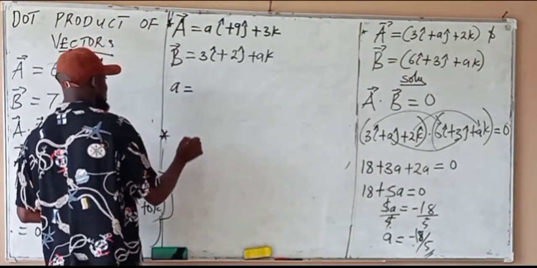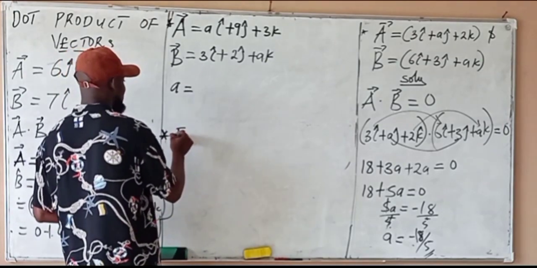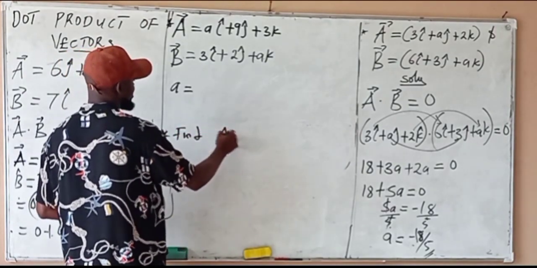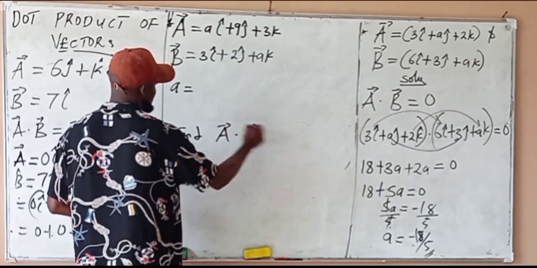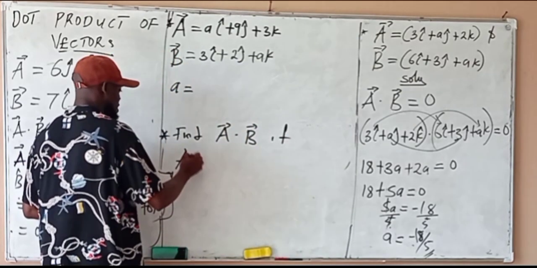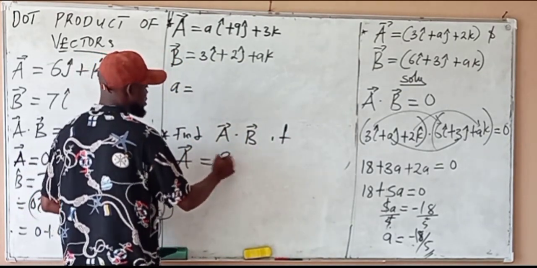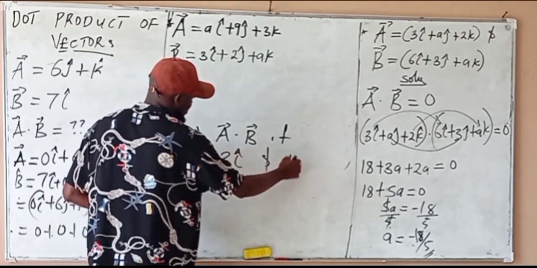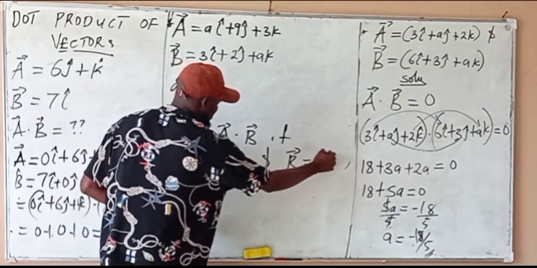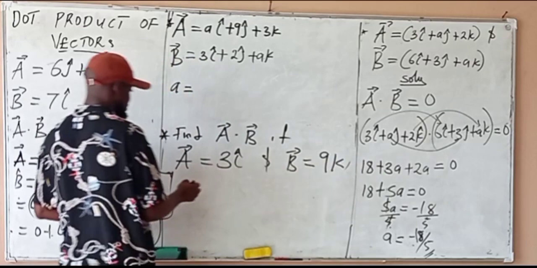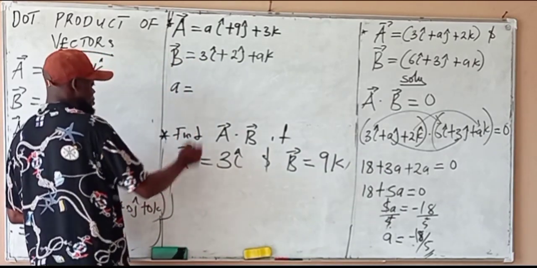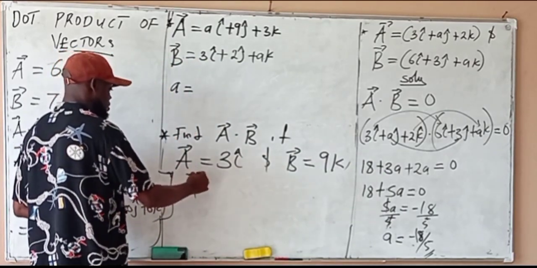Then the second one, which you also solve on your own, is to find A dot B if vector A is equal to 3i and vector B is equal to 9k. What will be A dot B?